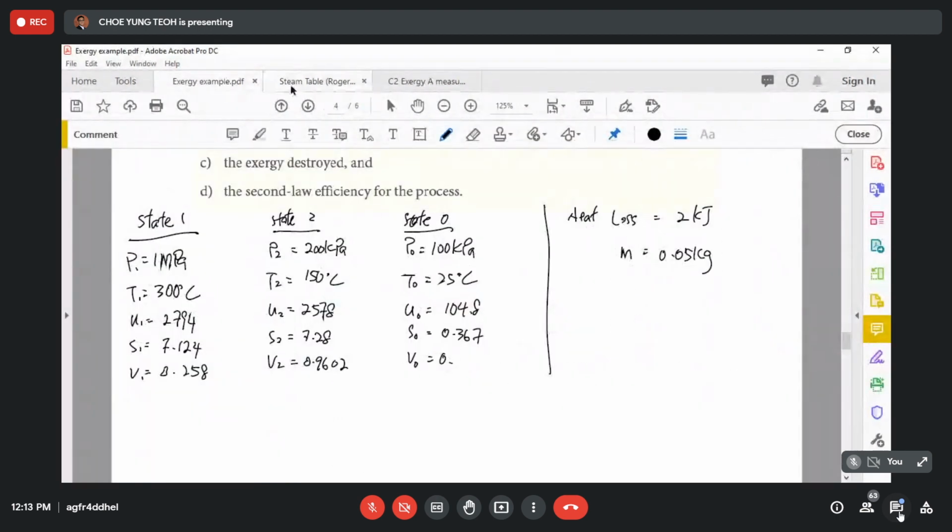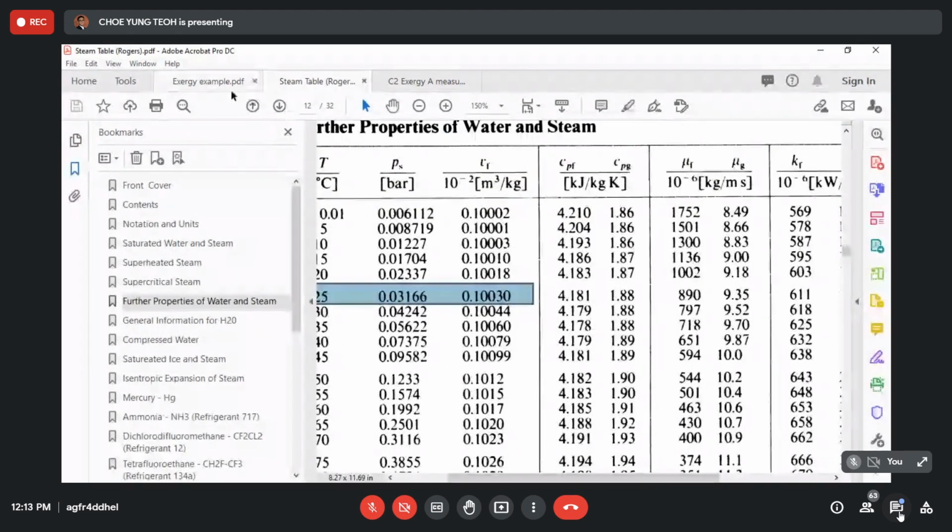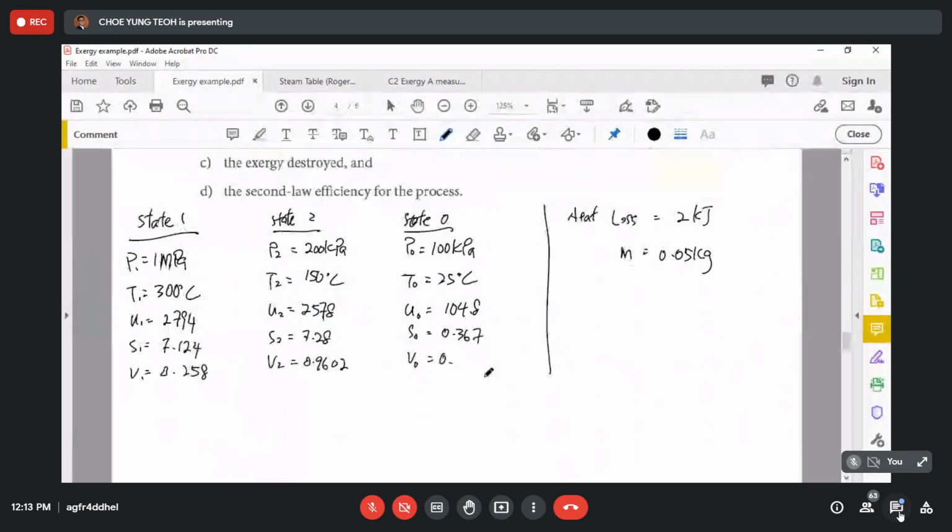It should be times 10 to the power of negative 3, so 0.001003. It's actually the volume for water. This is in cubic meter per kg. If you want the density, it's just 1 divided by this value, which is close to 1000, 1003. So now I have all the information.